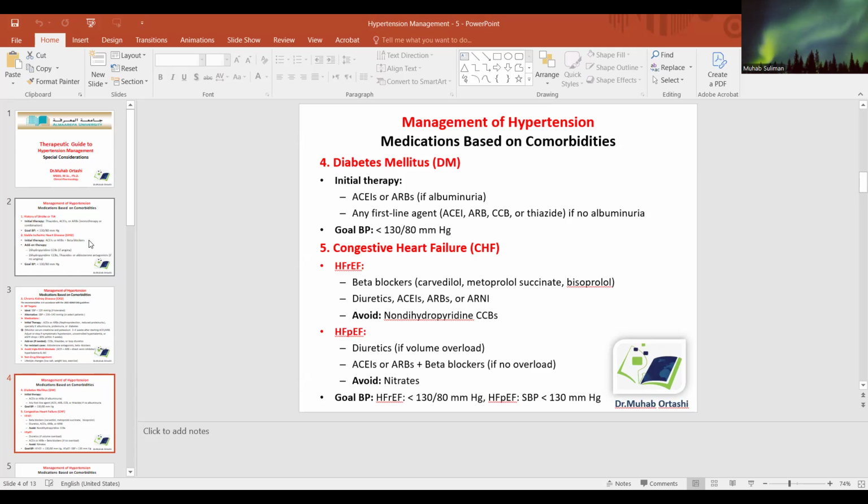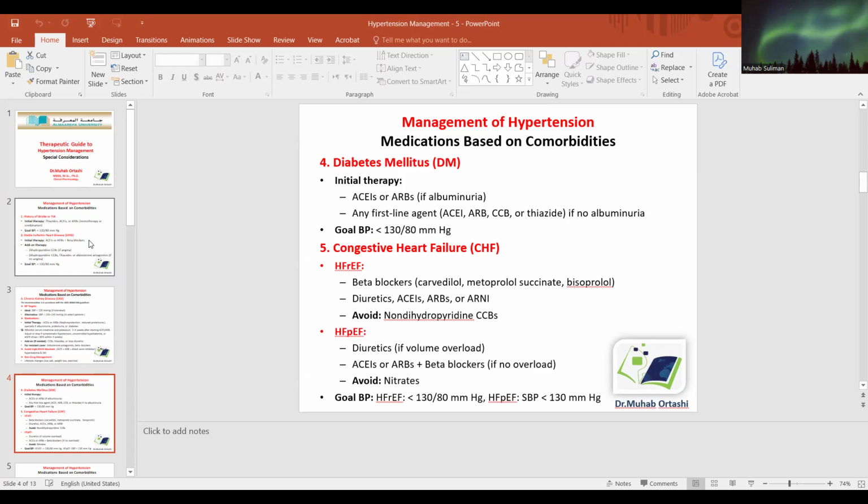So the summary: if the patient has heart failure with reduced ejection fraction, we use beta blockers and others. We can use beta blockers and ACE inhibitors or ARBs, like the patient with ischemic heart disease, and also here we can use diuretics if the patient with reduced ejection fraction has fluid overload symptoms, like edema, peripheral edema.